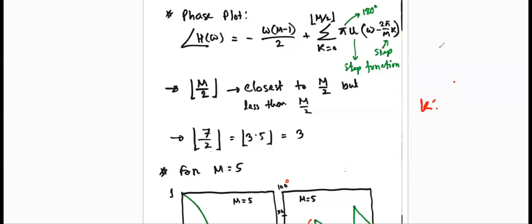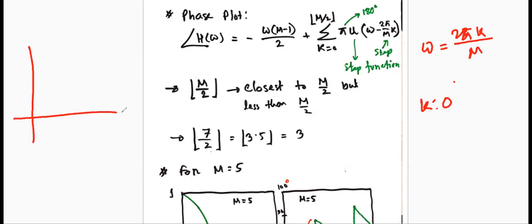As we can already establish, omega should be 0 at the location of twice pi k divided by m. For k equal to 0, omega equals 0, but it is not possible, because we already understand that at omega equal to 0 we have the highest value.